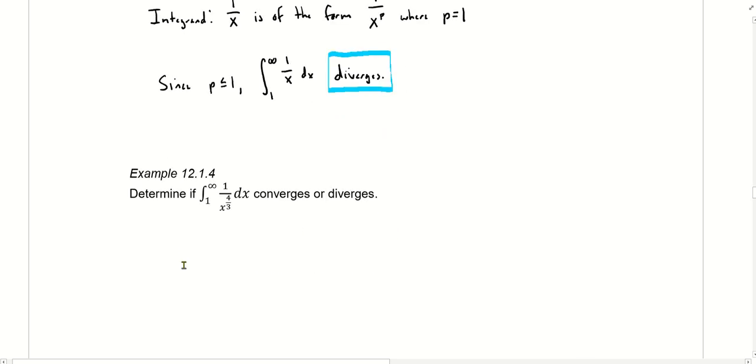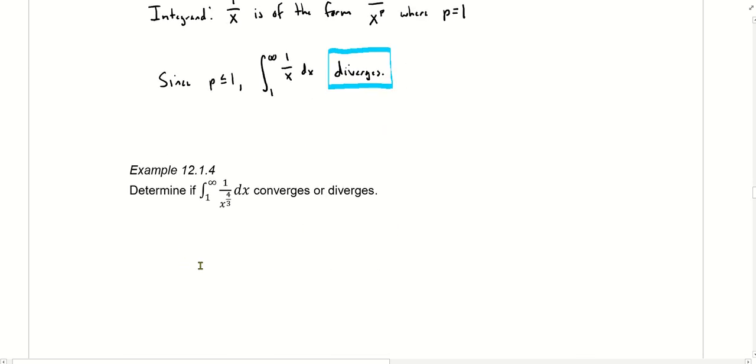What about this one? So this is an integral of 1 over x to the 4/3. We're integrating from 1 to infinity, and we want to determine if this converges or diverges. So look at our integral. Limits of integration are from a constant to infinity, so that looks good. Now, let's consider our integrand.